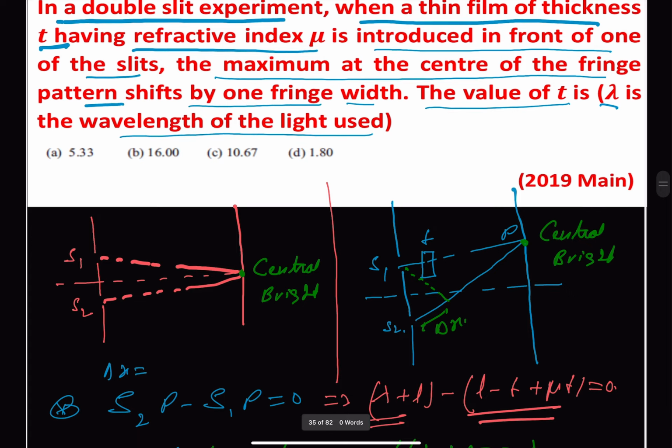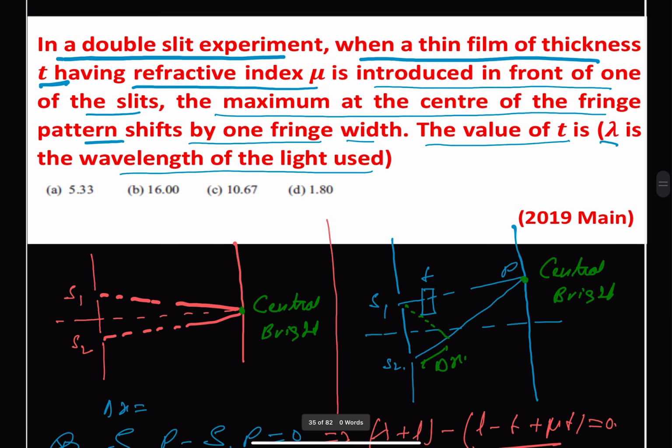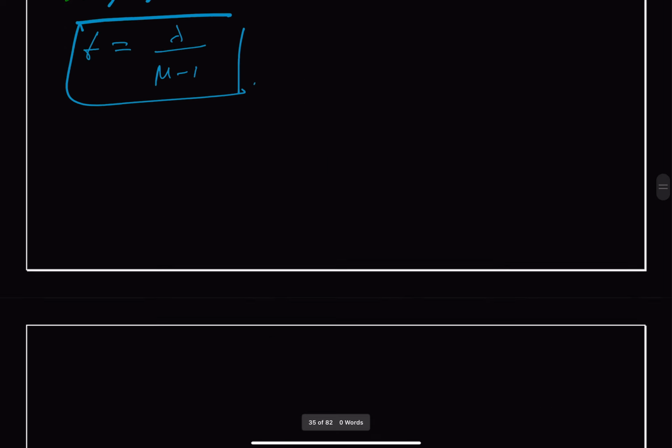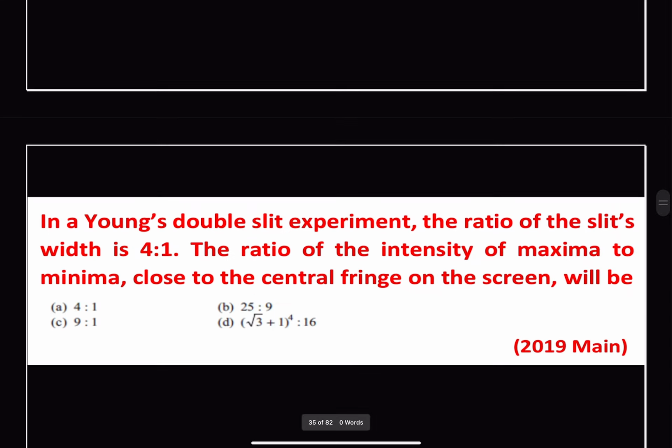So the correct option, I think, one second, I copied the wrong options.